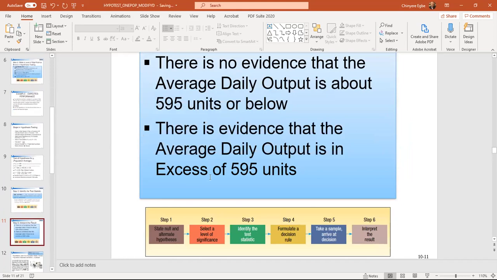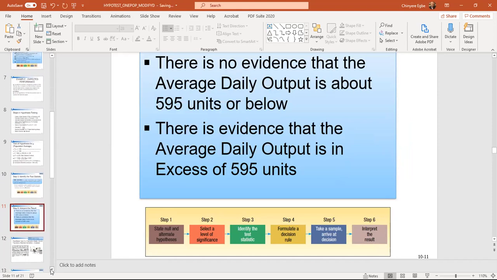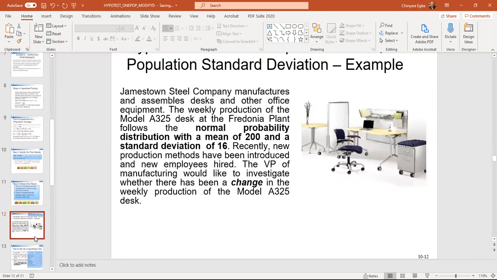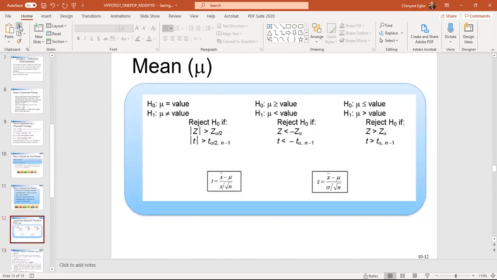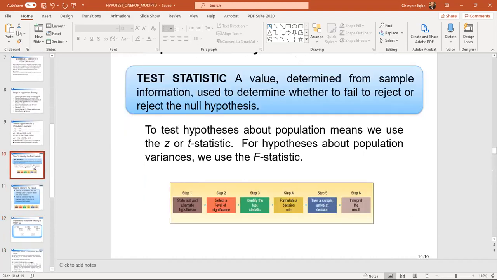Okay, so this is our example. There's evidence that the average daily output is in excess. You see that? So that is our conclusion. So we're now going to look at an example where you are given raw data.